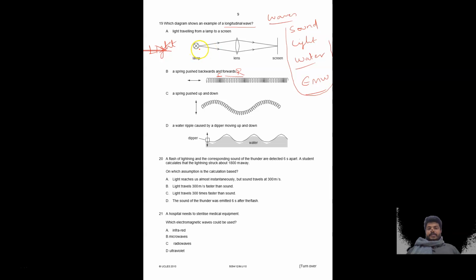And here light is a transverse wave, and here is a crest, and here is a trough. The peak is called a crest, and the bottom is called a trough. Here is an example of a transverse wave, and a water wave is also an example of a transverse wave. Light is also a transverse wave, and the motion of this spring is an example of a longitudinal wave.